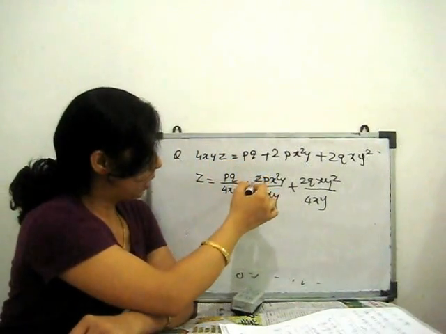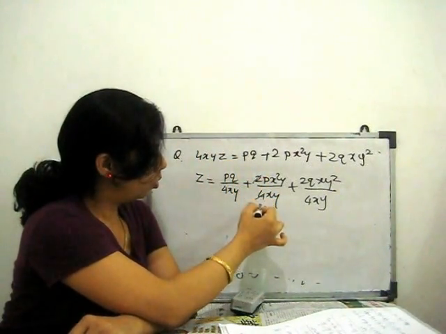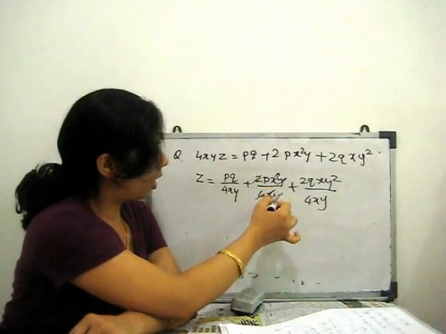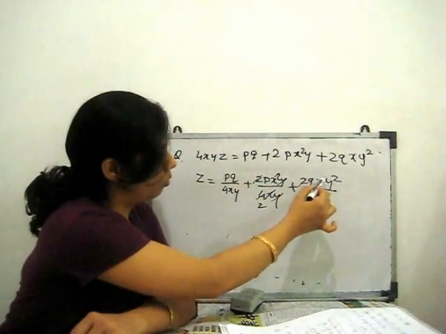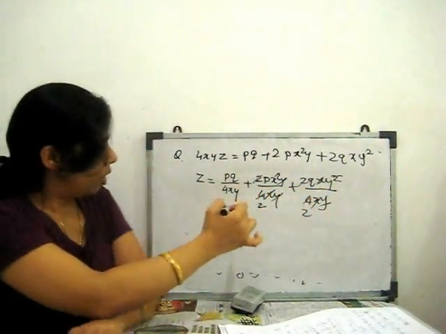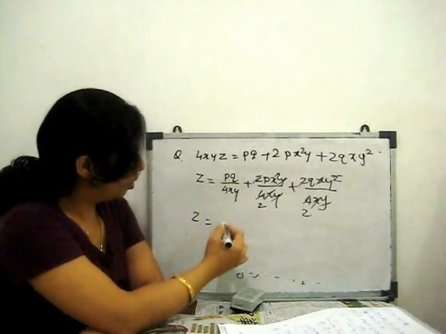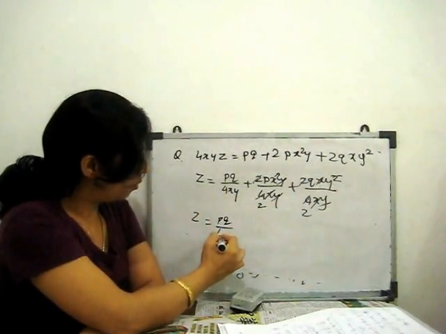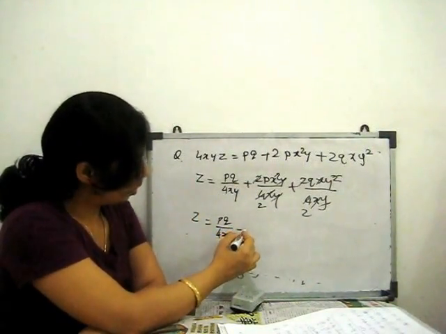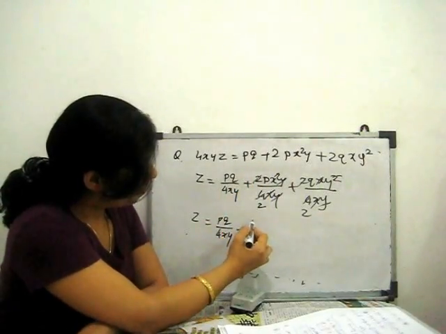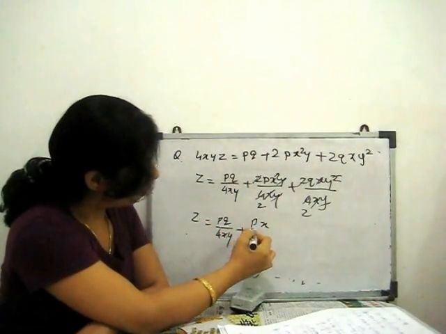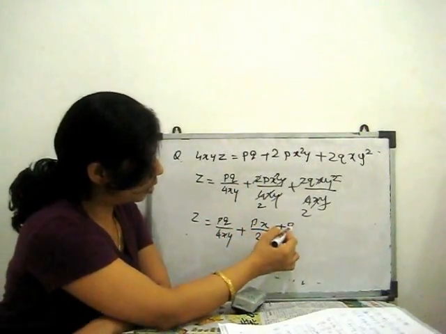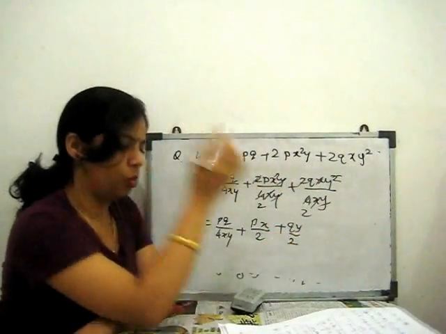So what will be cancelled out? 2, 1; x gone, y gone. What will be the remaining terms? pq upon 4xy plus px upon 2 plus qy upon 2. Clear?